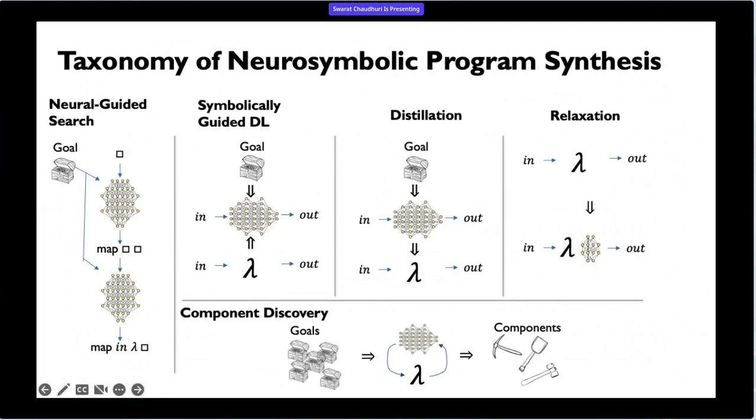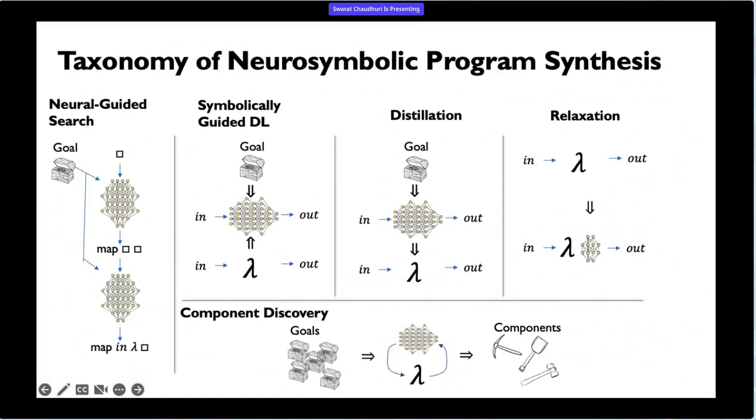So for example, neural guided search is where you are doing a classical search-based program synthesis, but you're guided by a neural network. Symbolically guided deep learning is one where you're bringing in symbolic knowledge to set up the loss functions, for example, of a deep learning process. The task programming work that I mentioned is an example of that.